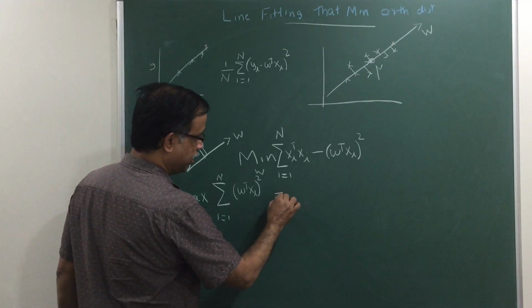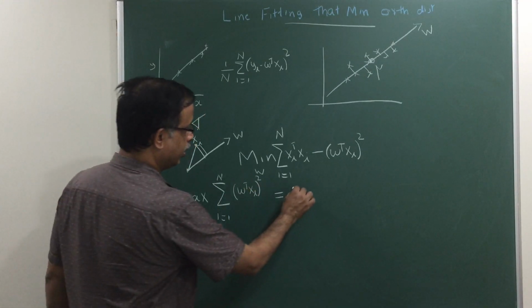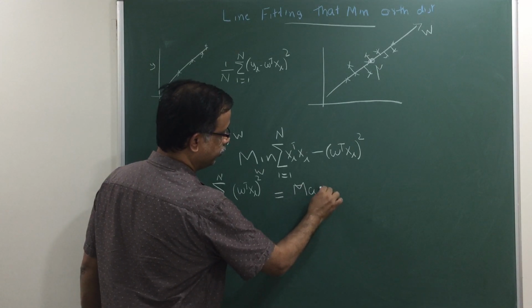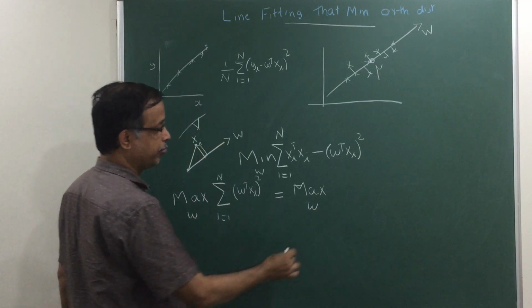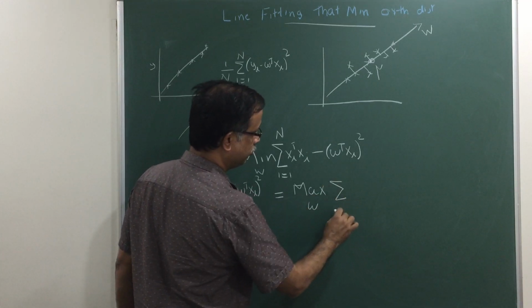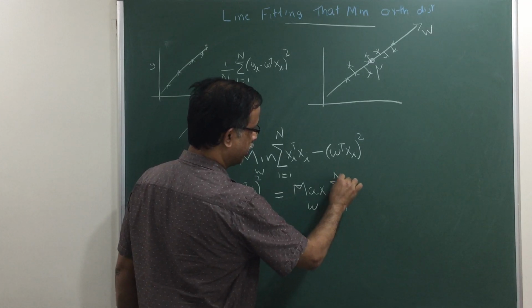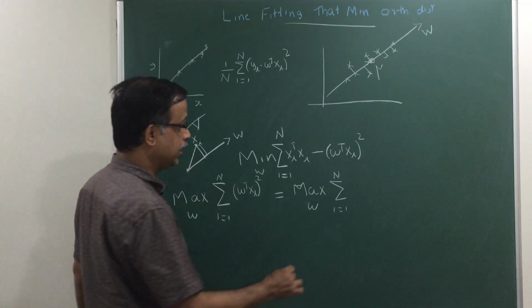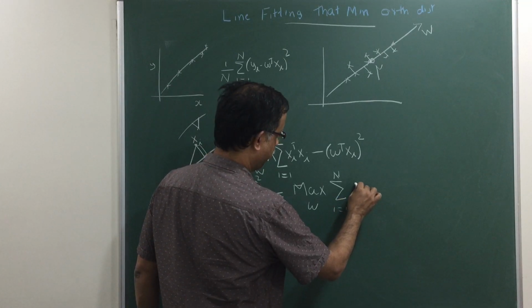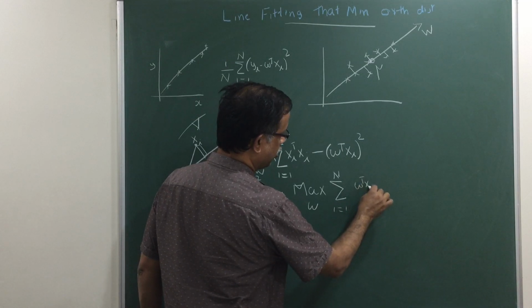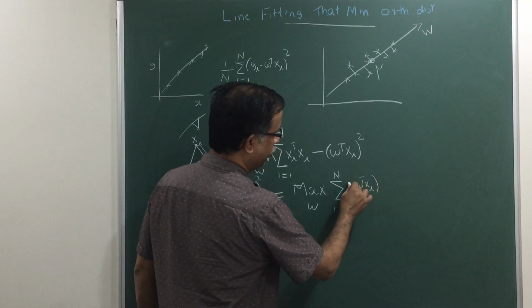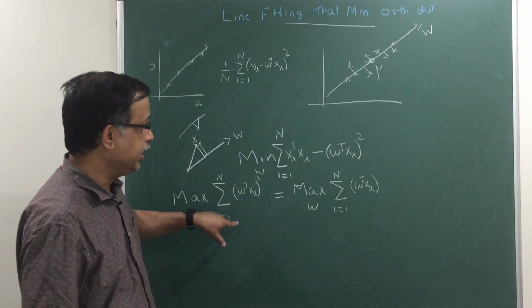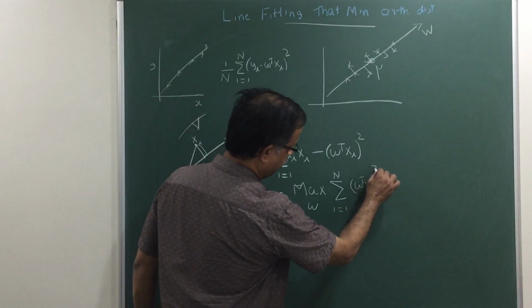This is nothing but maximization of w transpose xi whole square.